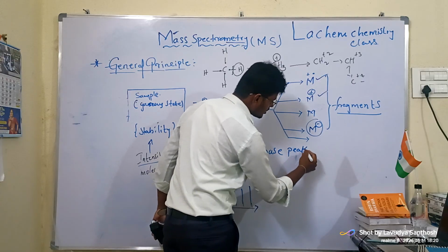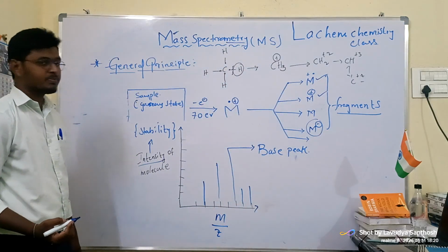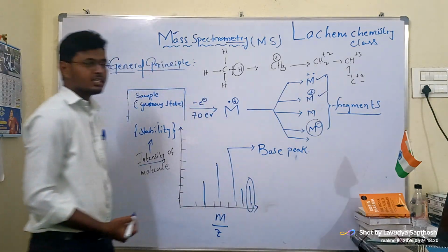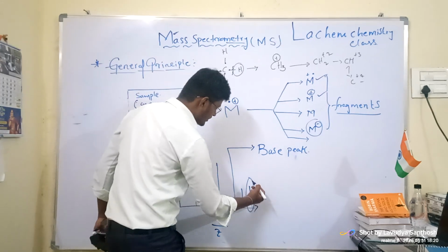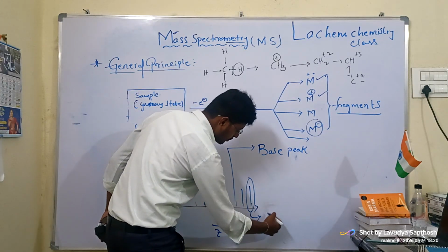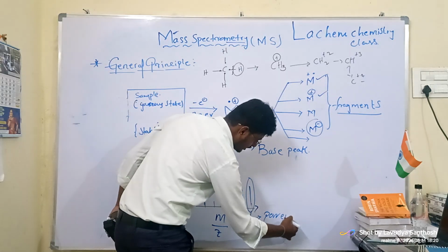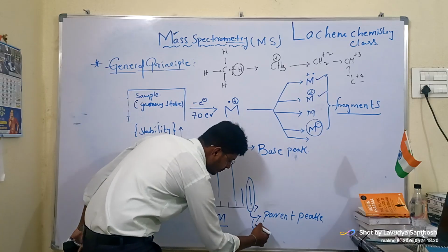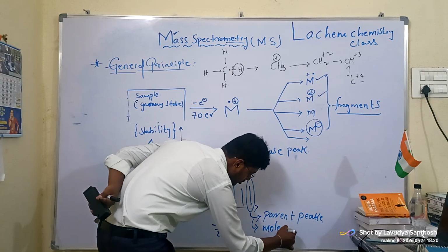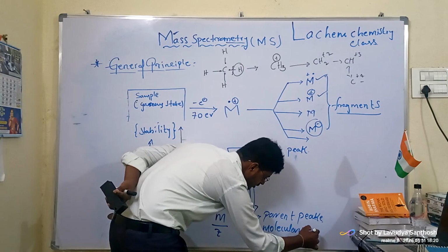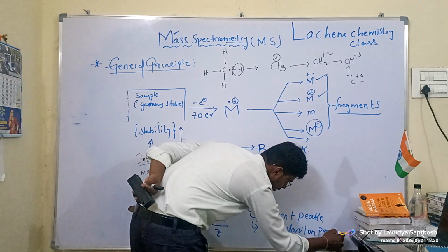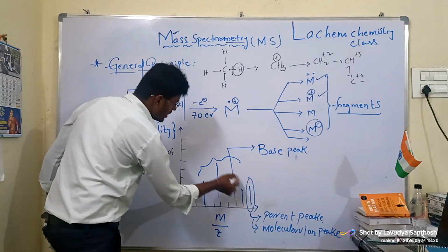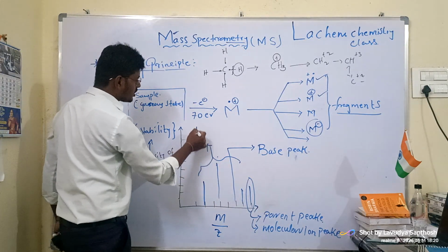This other peak is known as the parent peak, or molecular ion peak. And all these peaks, even the base peak, these four peaks are known as daughter peaks.